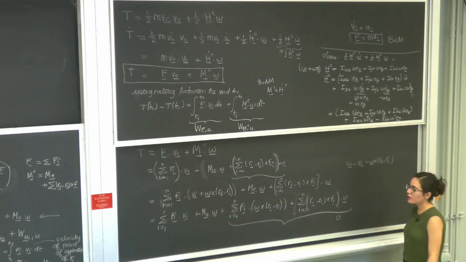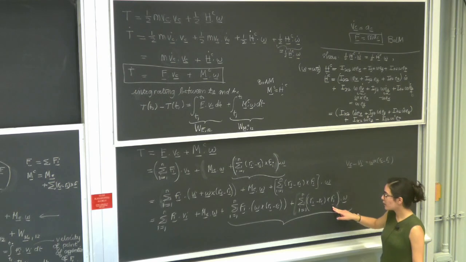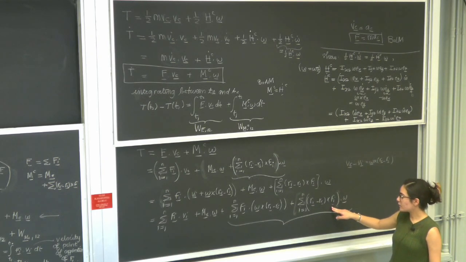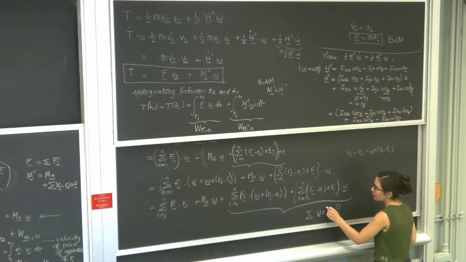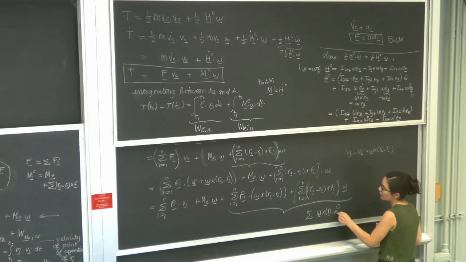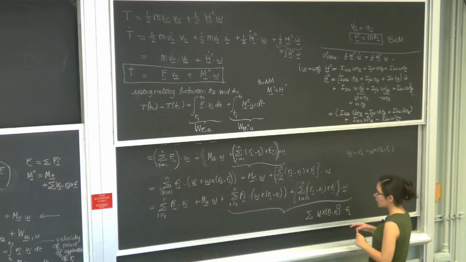A cross B dot C, I can write as C cross A dot B. So I can write this as the sum of omega cross Ri minus Rc dotted with Fi.